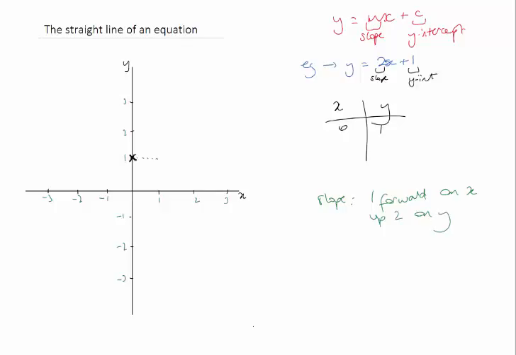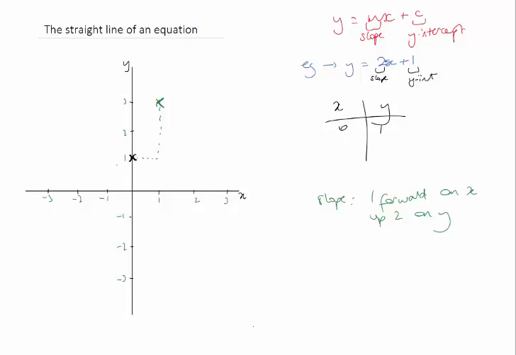So this is a steeper slope than the one we saw on the previous slide. So if we go from 0 to 1 on the x, then we go up 2, so in this case from 1 up to 3 on the y. There we go, and that's enough points, in fact, to define our line.